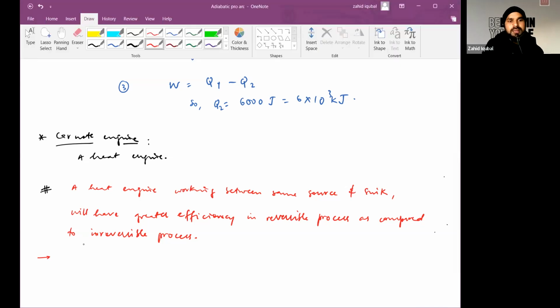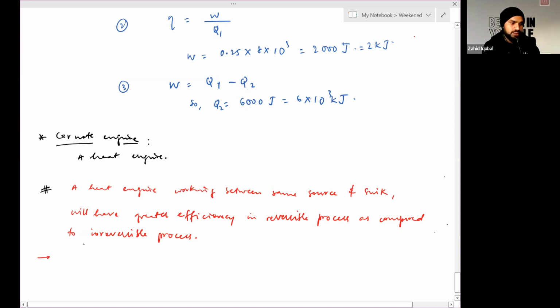And next, no heat engine is possible whose efficiency will be greater than or equal to unity, which I had defined above. Okay, so you may write this.